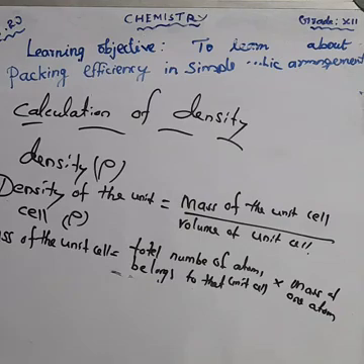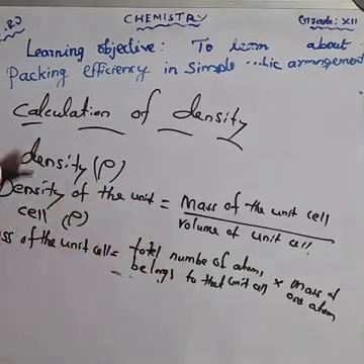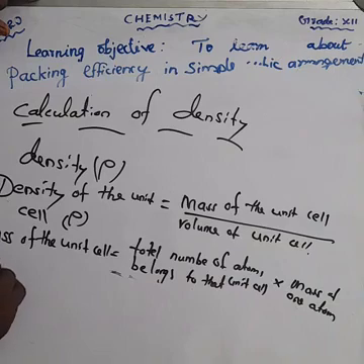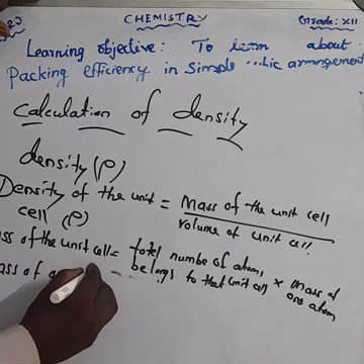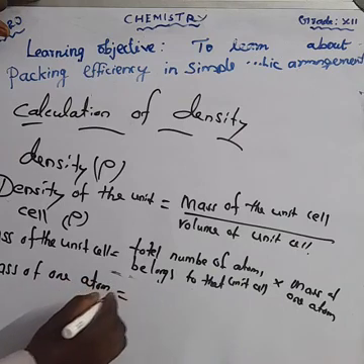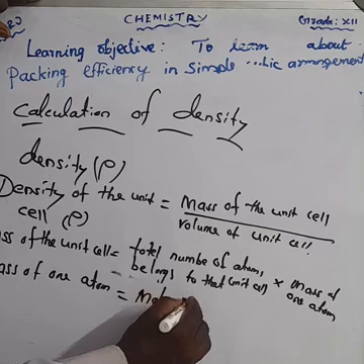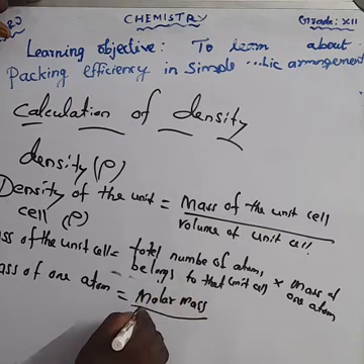What is the mass of one atom? The mass of one atom is equal to the molar mass divided by the Avogadro number.